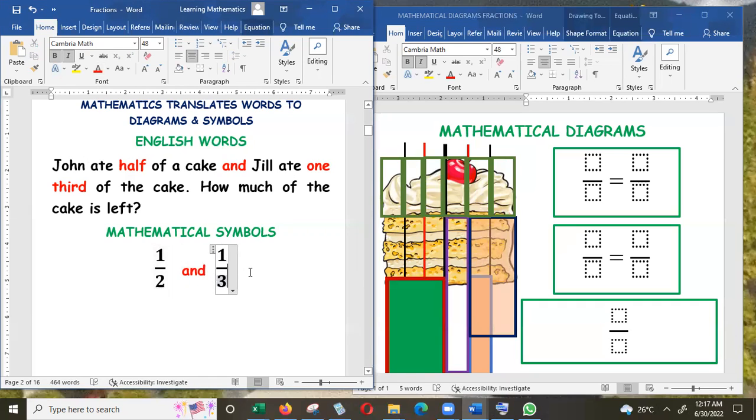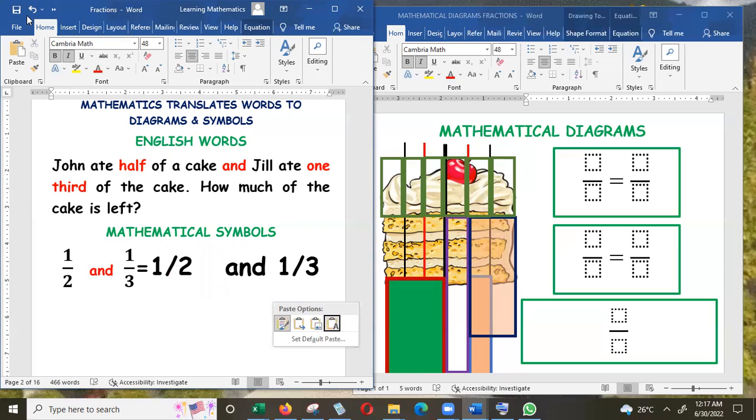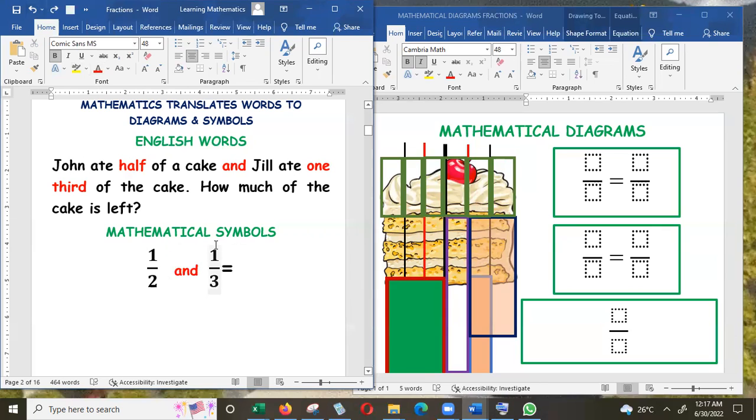So 1/2 and 1/3 is the same as 1/2 plus 1/3. Okay, the symbol for and in arithmetic is the plus sign. So 1/2 and 1/3 is the same as a half plus a third.